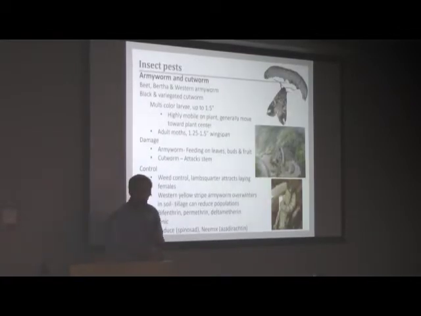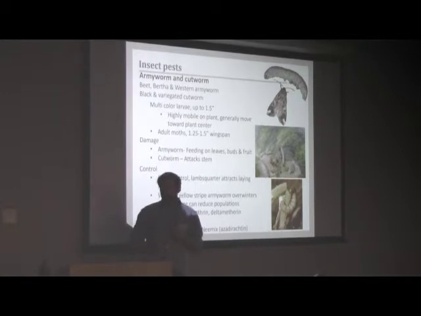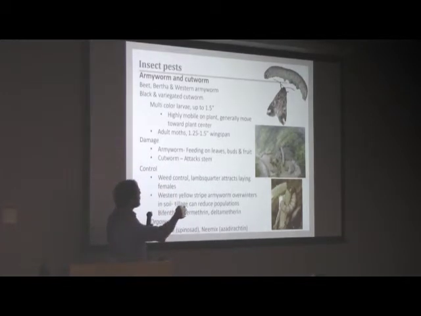Armyworm and cutworm. This isn't a very big challenge out here, but I put it in anyway. There are a few different types: the beet, Bertha, and western armyworm, and then the black and variegated cutworm. They start in the larval stage, which is fairly large, about 1.5 inches, and then metamorphose into the moth. The larvae are the ones that cause the damage.